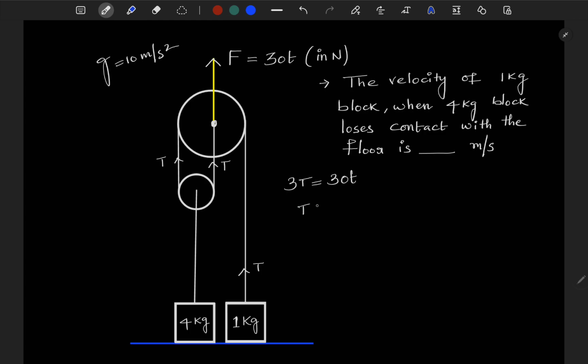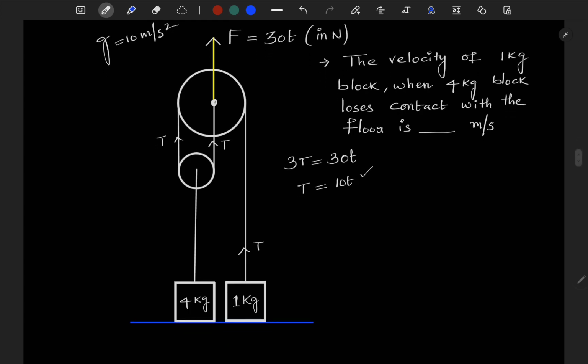So the tension in the string changes according to time as 10t. So we can say that if F equal to 30t is the force on the pulley, then the tension in the string varies according to the relation T is equal to 10t. So let's draw the free body diagram.